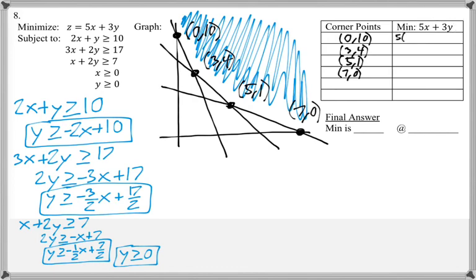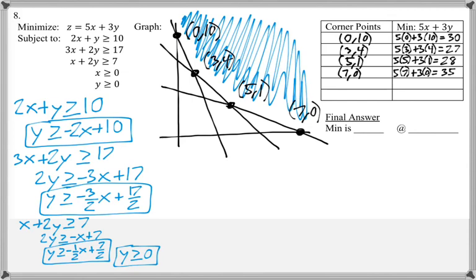So 5 times 0 plus 3 times 10 is 30. 5 times 3 plus 3 times 4 is 27. 5 times 5 plus 3 times 1 is 28. And 5 times 7 plus 3 times 0 is 35.